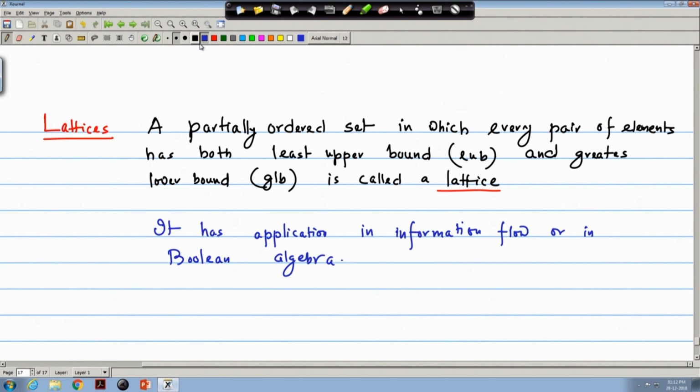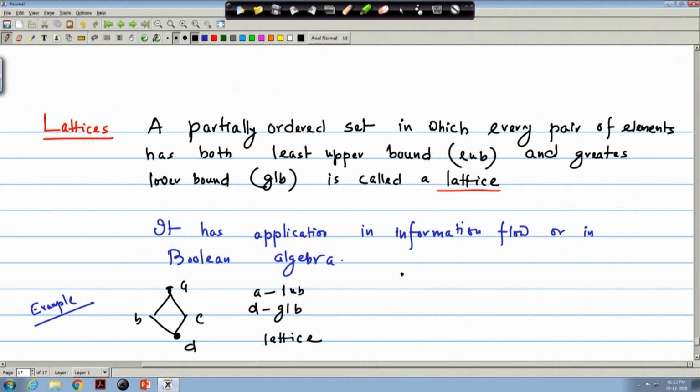So, if I draw a Hasse diagram, if we see some examples, we draw some Hasse diagram. See, just now we have seen that it has both A as LUB, D is, so it is a lattice.